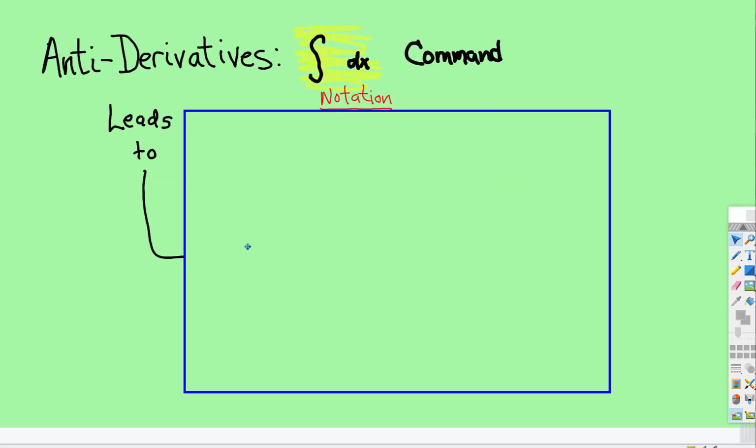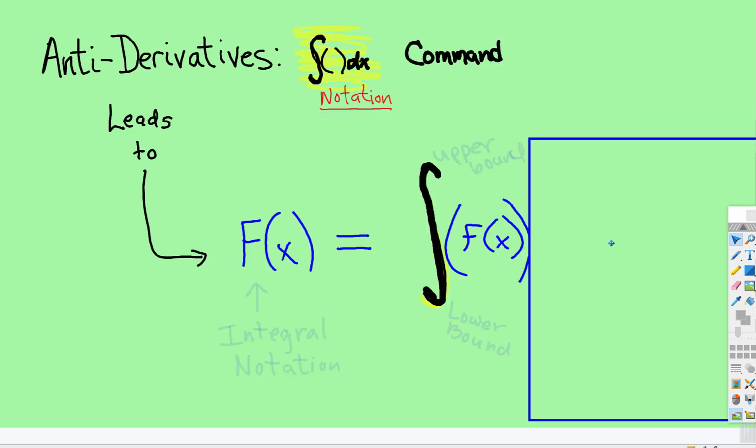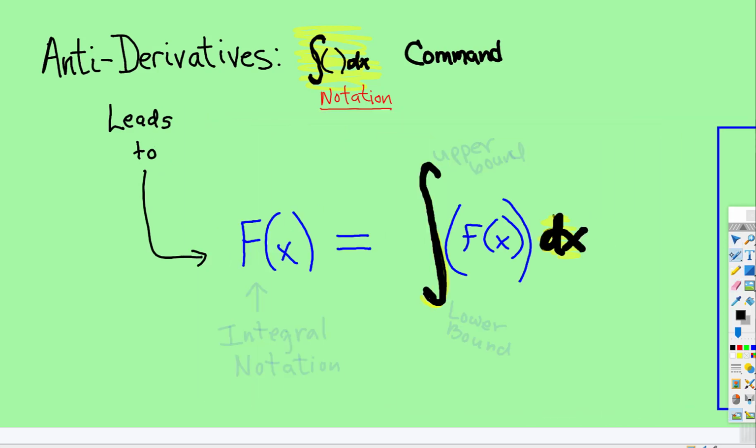So let me show you. So here's the command notation, and right in here goes whatever function you want to take the antiderivative of, but the notation is the summation with this dx. That's the command to integrate. And learning how to find the antiderivative leads to integrating.